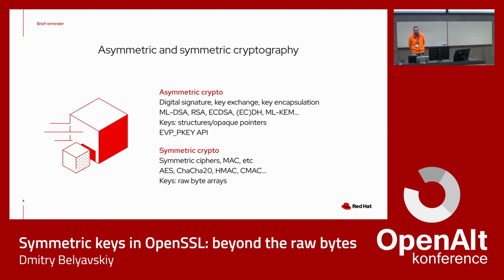A brief reminder about two categories of cryptography. We have asymmetric crypto, which is used for various operations such as digital signature, key exchange, key encapsulation. You see the list of algorithms that are used for these purposes.